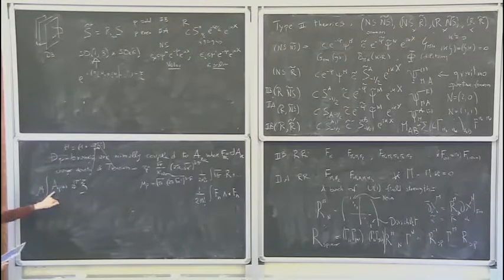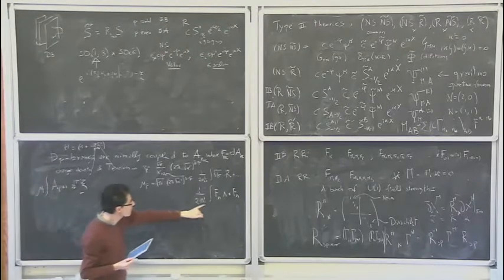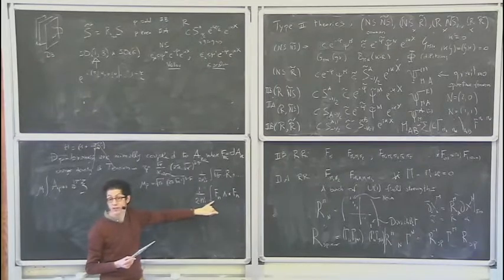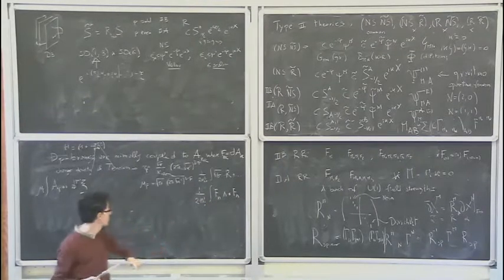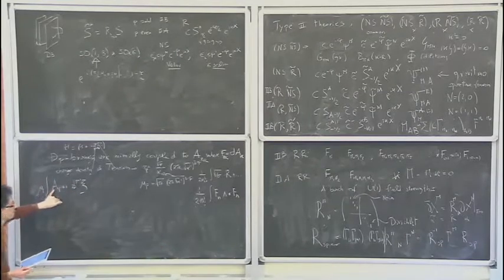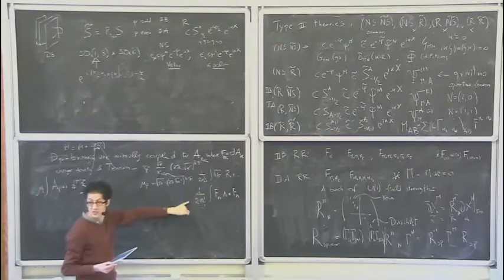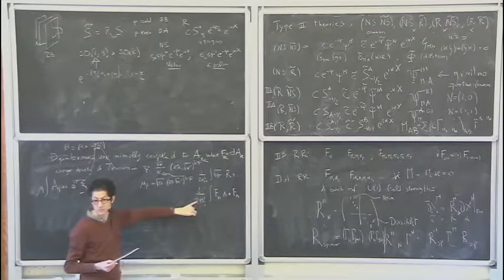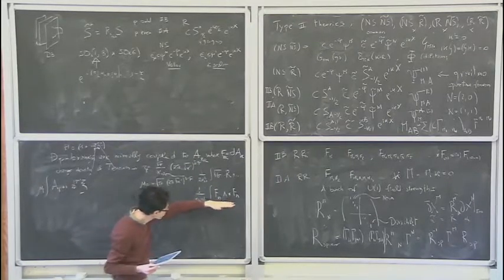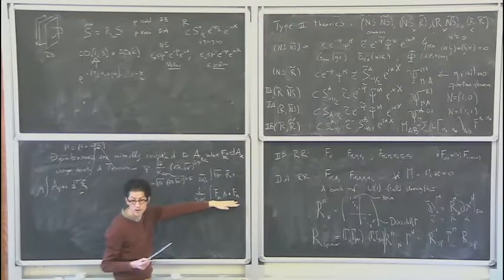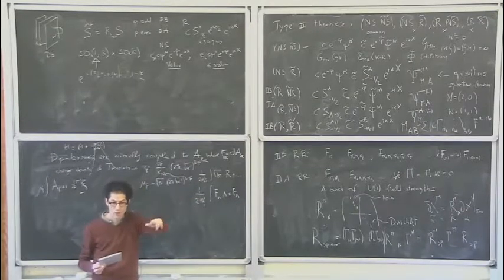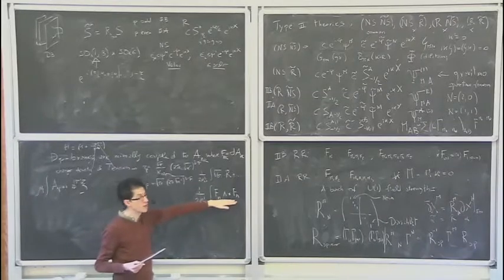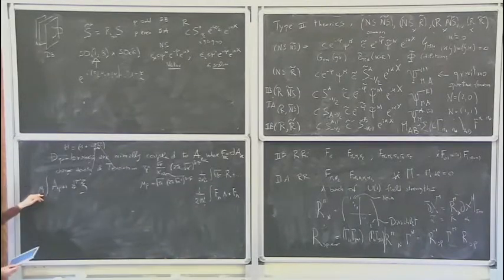But no, when people talk about the charge, it is when the gauge field is canonically normalized. So the propagator is just 1 over k squared. If you rescale this guy, you will change this normalization here. So the idea is to look at a canonically normalized object, where the propagator is like the photon, 1 over k squared. That fixes the normalization, and that fixes the charge. Now this number you cannot change.